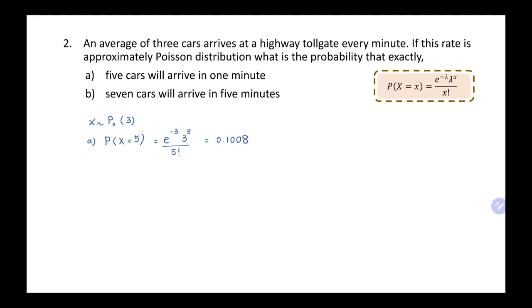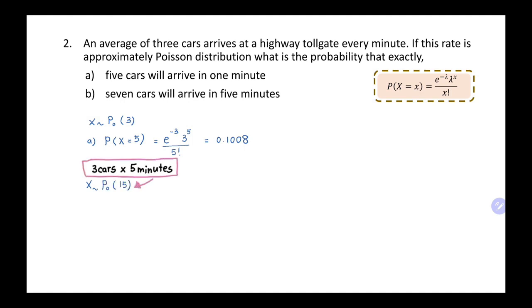Next question, 7 cars will arrive in 5 minutes. We have lambda 3 for every minute, means 3 cars for 1 minute. Now we want to find 7 cars in 5 minutes. So we need to find a new lambda. 3 for 1 minute, so for 5 minutes, we have lambda equals to 15.